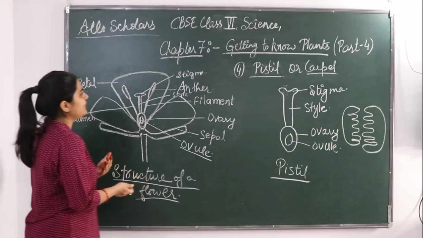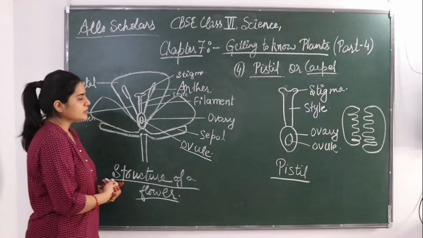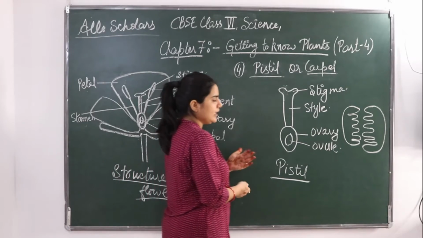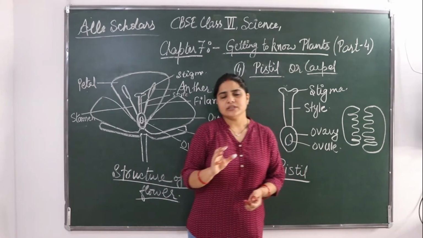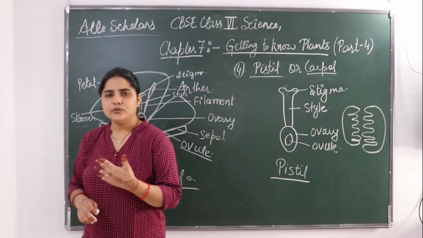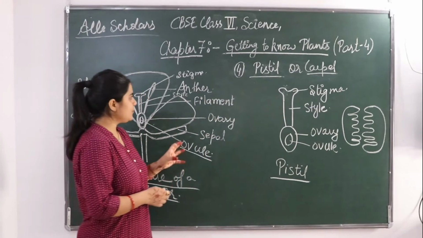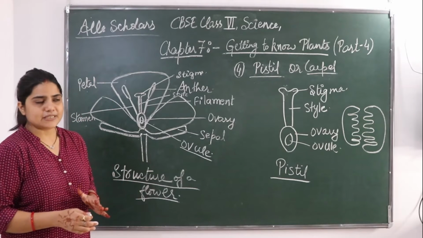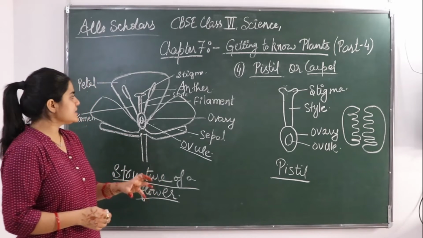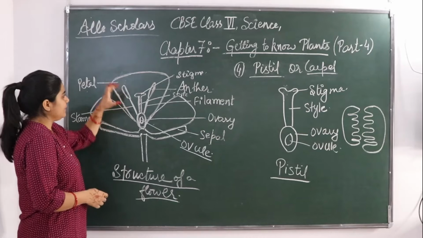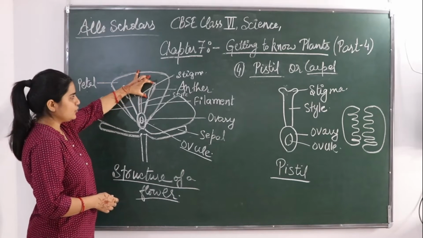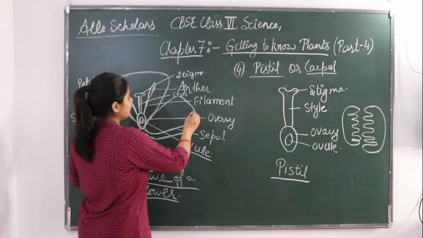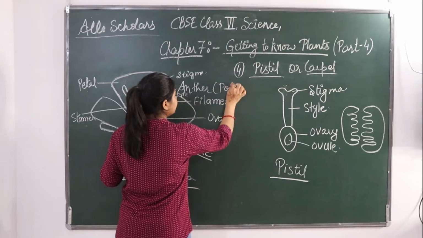So reproduction in flowering plant is not in your course. Basically, only your intro is there. So I would like to just tell you how this reproduction takes place. This reproduction in flowering plant happens when the pollen grains from the male anther... You know that in this male anther there is a pollen grain.